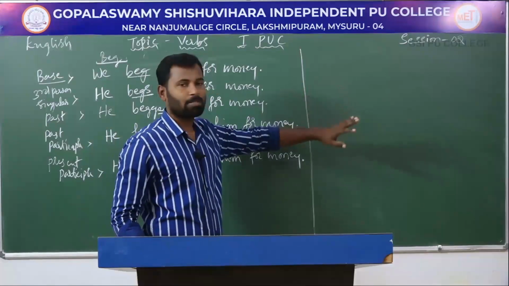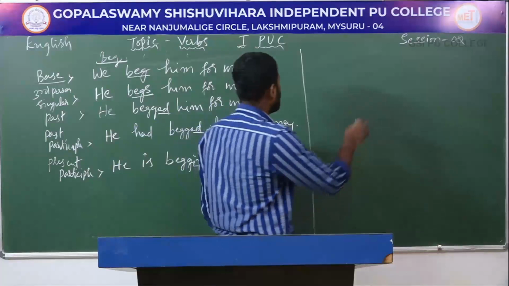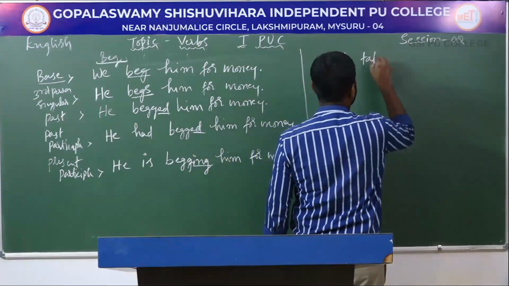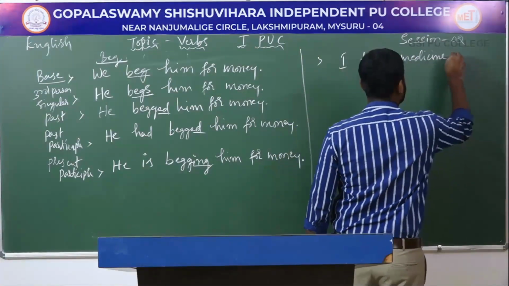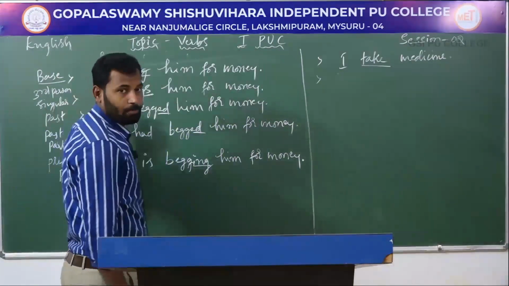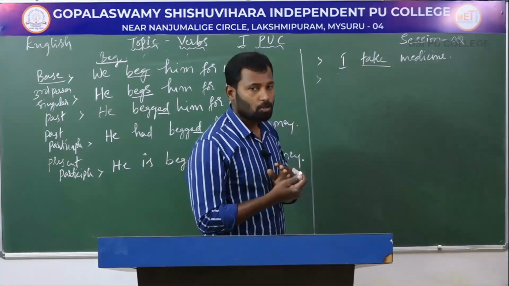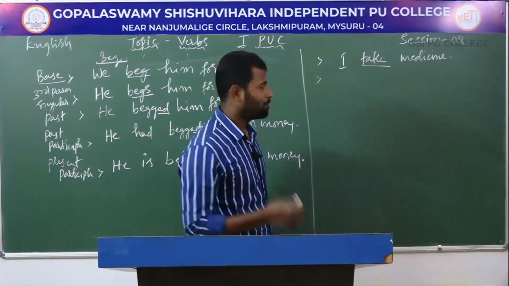Let's see sentence examples for an irregular verb. First thing, base form. For base form you can write, I take medicine. I take medicine. So next is third person singular. If you were to construct a sentence using the third person singular, we have to have any of the third person singular subjects.